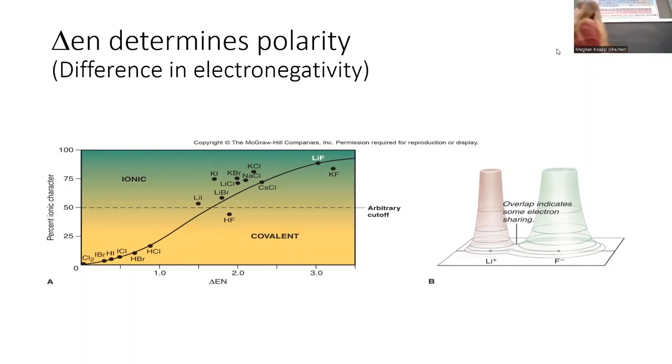These graphs are trying to illustrate the height of this is the electrons, and these are supposed to go up to peaks, and they just kind of chop them off so they don't have to make really tall graphs. So you can think of that as being a really tall mountain. And if this valley between them goes all the way down to 0, that would be ionic. They're not sharing the electrons at all.